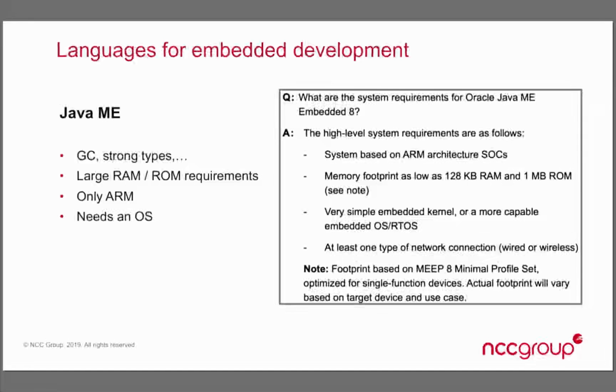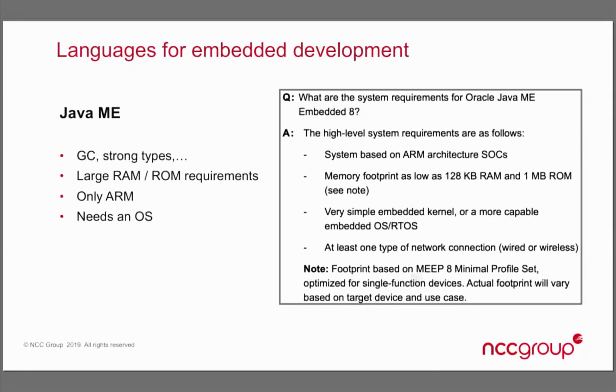And right now, on the right is a screenshot from the Oracle site, because Oracle owns Java now. And it means that if you want to use Java ME these days, you need at least 128 kilobytes of RAM, 1 megabyte of ROM, and you need to provide an operating system on top of that. And it's still very constrained.